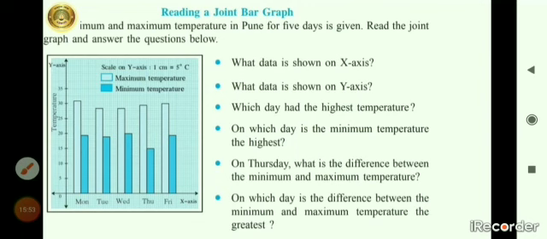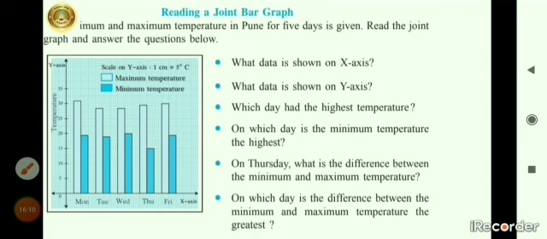So your answer is, Wednesday is showing the minimum temperature the highest, and how much is it? 20 degrees Celsius.